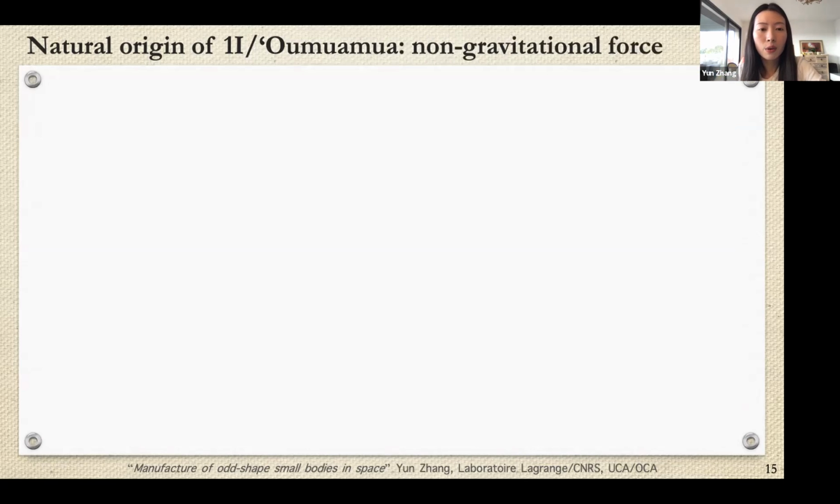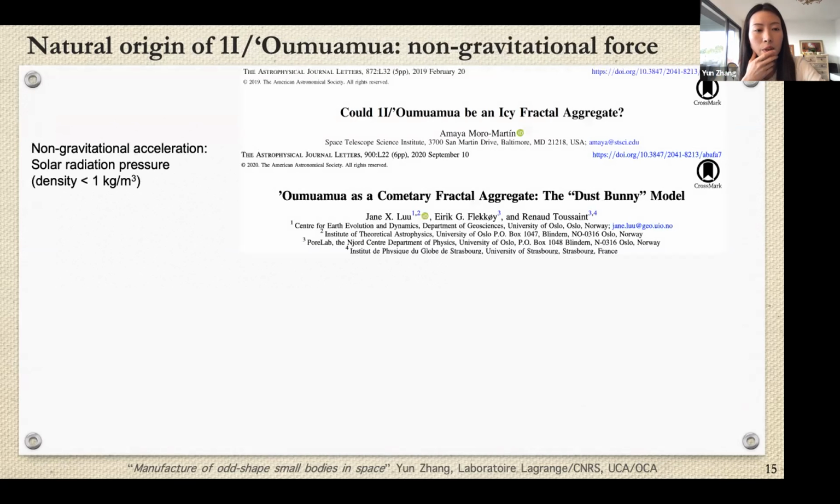And there are also some other alternative natural explanations to account for the non-gravitational acceleration rather than the solar sail. So in support of the solar radiation pressure, some studies have suggested that Oumuamua has a very low density due to a fractal aggregate structure.